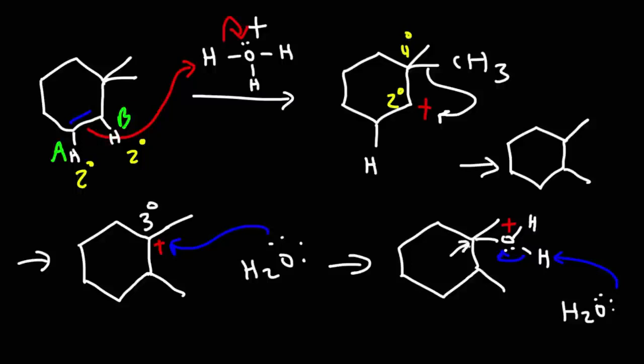Now, this carbon here is a chiral carbon, and water could attack from either side. So we can get a mixture of isomers here. But we're not going to worry about it too much, so I'm just going to put OH. Just know that we can get a mixture of stereoisomers. So that's going to be the major product for this particular reaction.